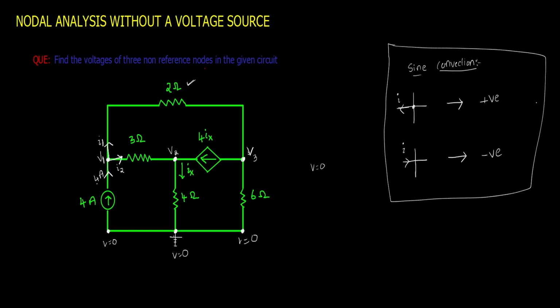As I2 is exiting node 1, it will enter node 2 from here, as we know that the current remains the same in a series connection. So this will be I2, and we are already given the current through the 4 ohm resistor as Ix, and the current through this branch as 4Ix.